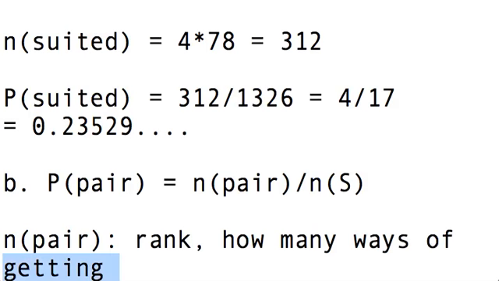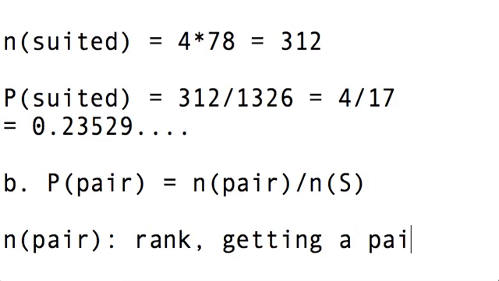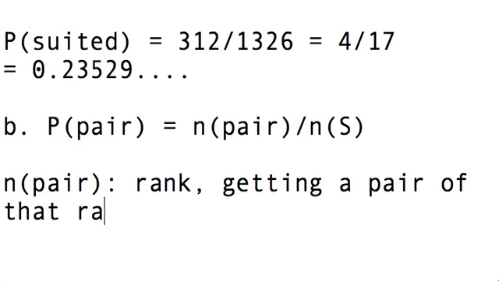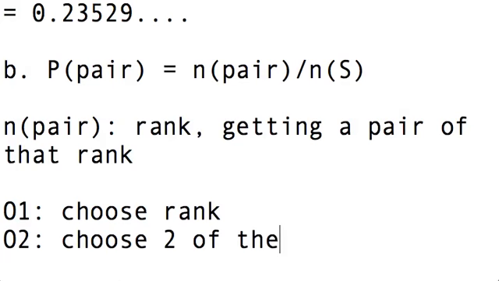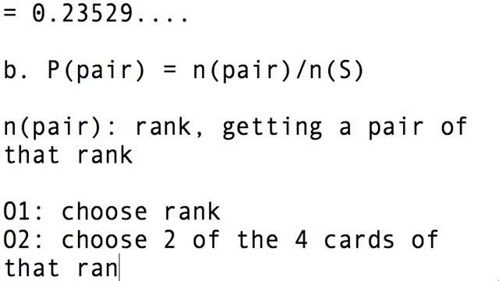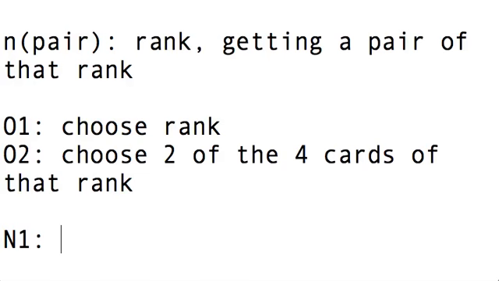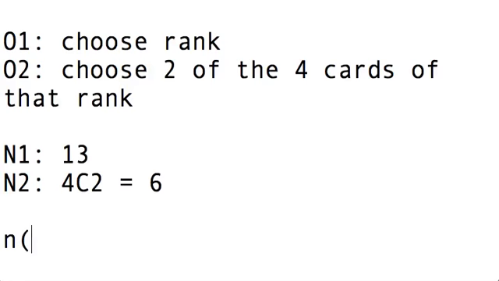My first operation is I choose a rank, and my second operation is I choose 2 of the 4 cards of that rank. So the number of ways of choosing a rank, there are 13 ranks. The number of ways of choosing 2 cards of the 4 of that rank is 4 choose 2, which is again 6. So the total number of ways of getting a pair is 13 times 6, which is 78.